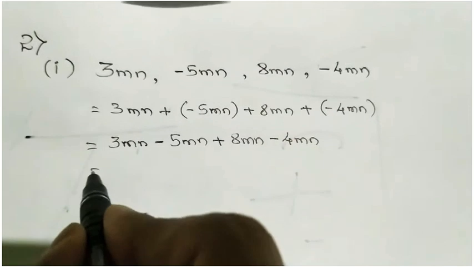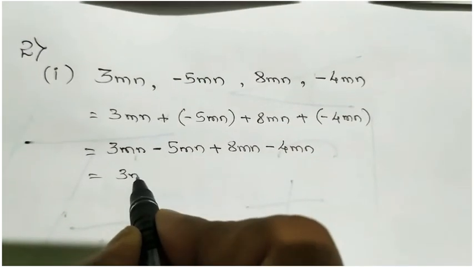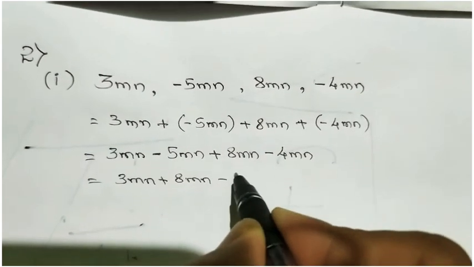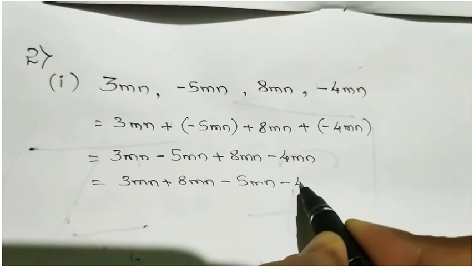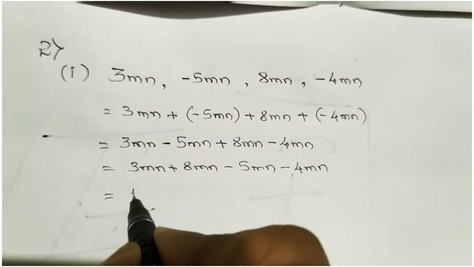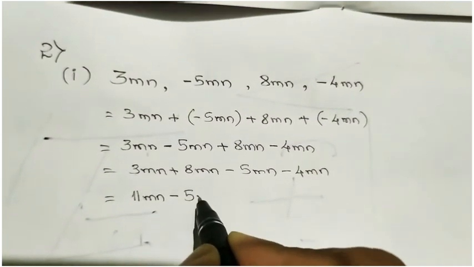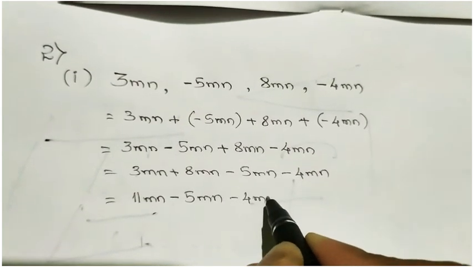Okay, so like terms means positive terms you write first. 3mn plus 8mn minus 5mn minus 4mn.